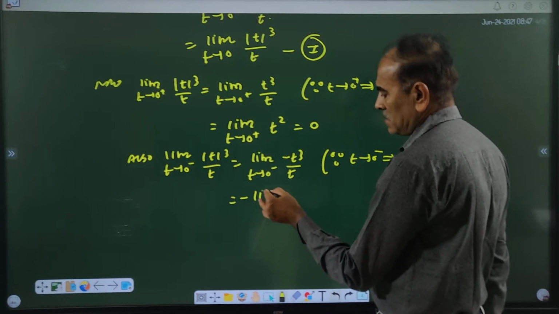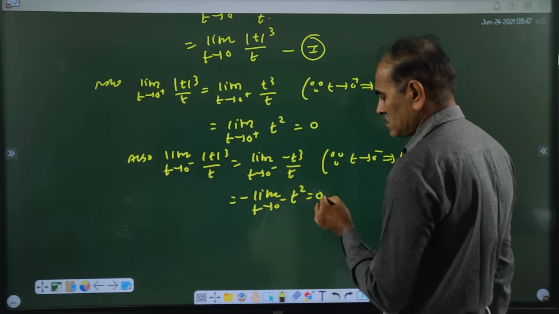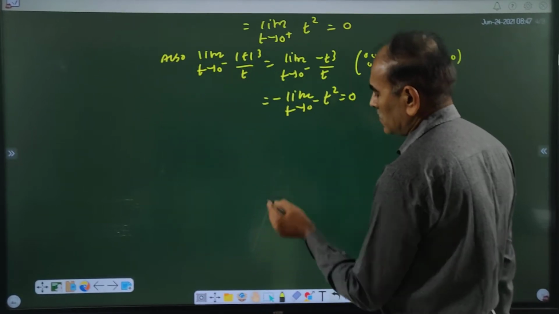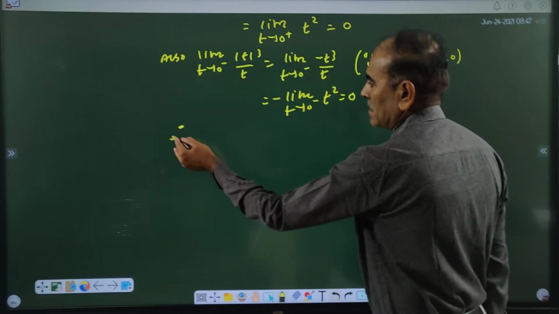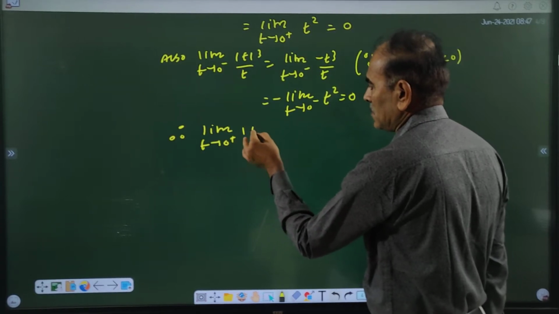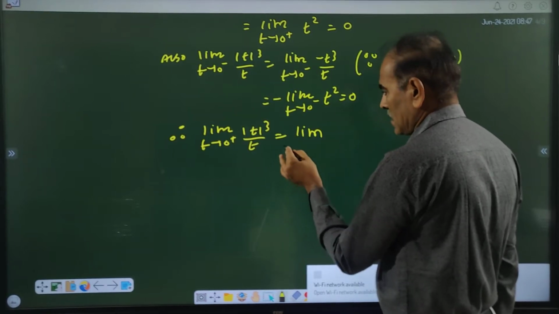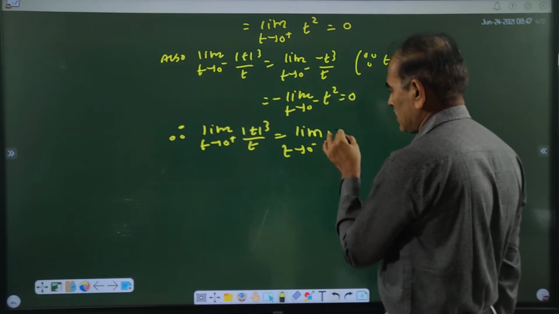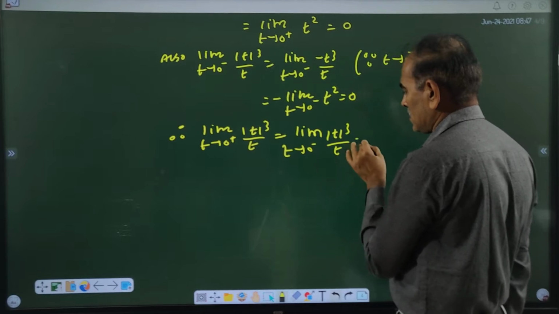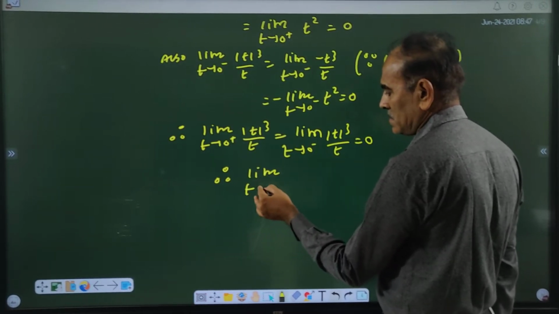So minus sign outside, limit t tends to 0 minus t square, and that is also 0. So both limits exist, and both are 0. Limit t tends to 0 plus mod t cube upon t is equal to limit t tends to 0 minus mod t cube upon t is equal to 0, and therefore this limit is 0.